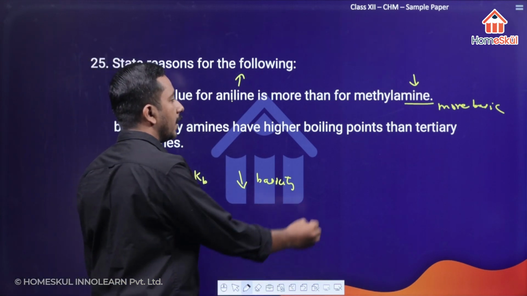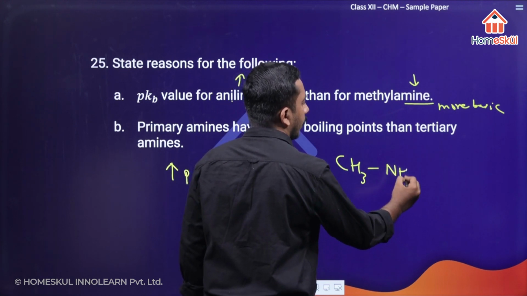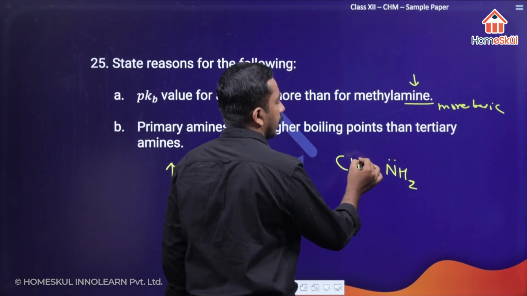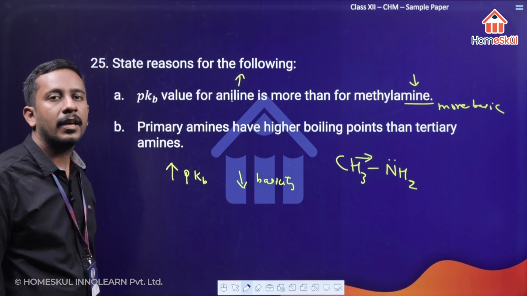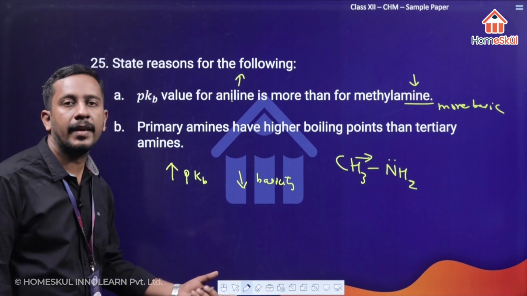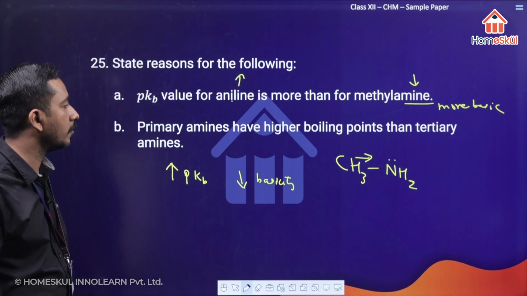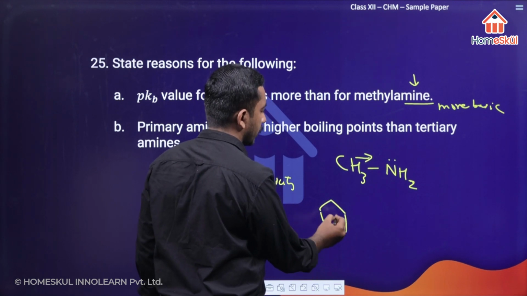If you take methylamine, we can see that there is the presence of a methyl group. The inductive effect of the methyl group, the plus I effect of the methyl group, will make the donation of the lone pair of nitrogen easier, making it more basic. Whereas in the case of aniline, instead of a methyl group, there is a benzene ring present.